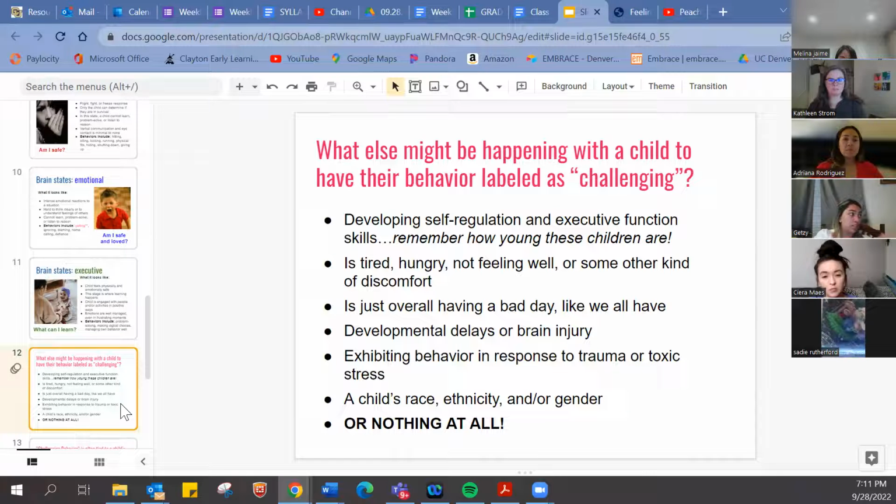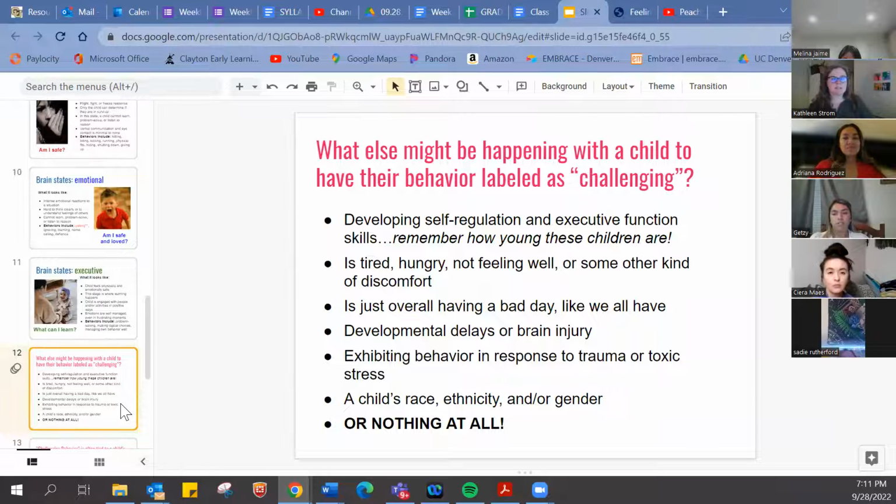Remember that you're working with young children who've only been alive on this earth for maybe a year or 2 years or 3 years or 5 years. Nevertheless, their brains are still developing, right? They're learning about feelings. These are all age appropriate, developmentally appropriate behaviors for young children. But I think sometimes as a society, we can forget that. Like we just expect children to behave, right?